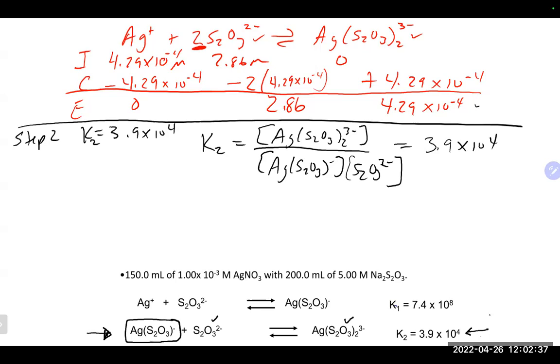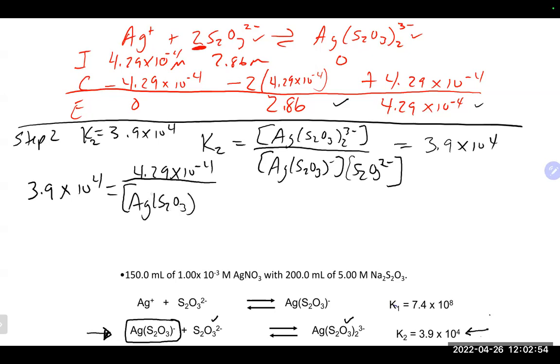Again, from the above table, we have both of these concentrations. So that would give us 3.9 times 10 to the fourth is equal to 4.29 times 10 to the minus 4 divided by what we're looking for, which is this one, and this one here would be 2.86 from the above table. Putting those numbers in, basically these are going to switch places.